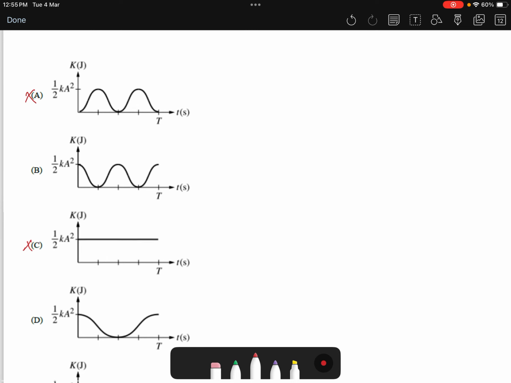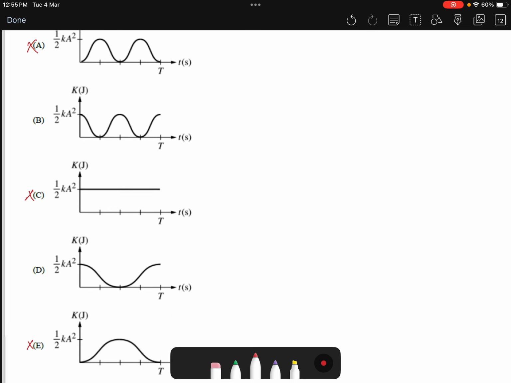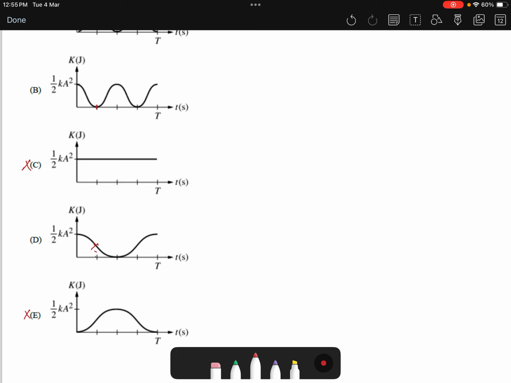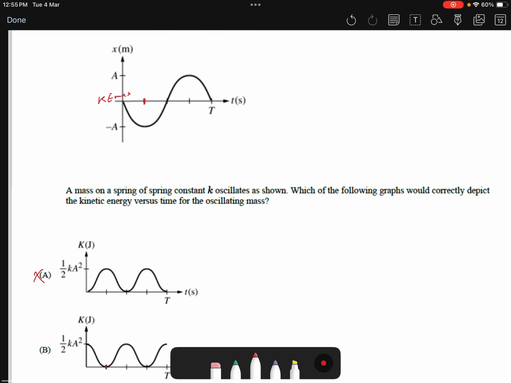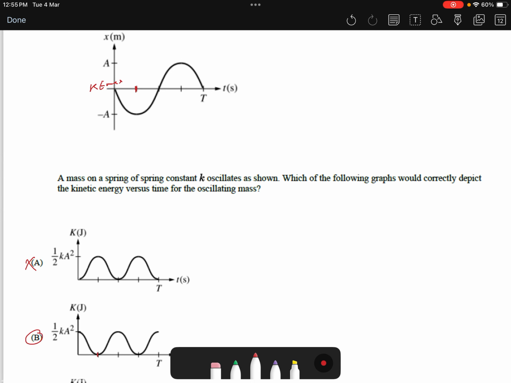After one period of time, it is 0 here. Here, it's not 0. So D is wrong and B is right. Why? Because when the kinetic energy is at the maximum displacement, kinetic energy should equal 0. Also, it is mentioned above.